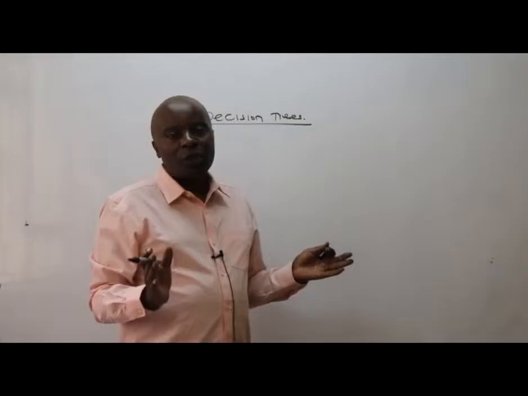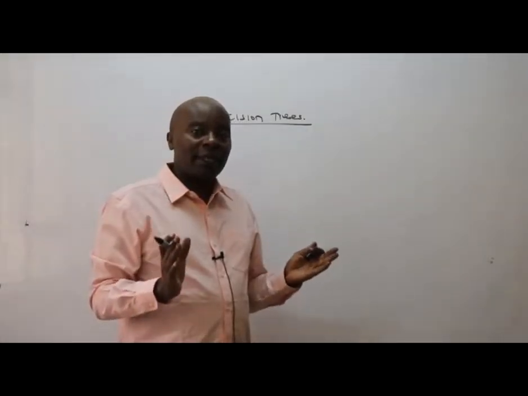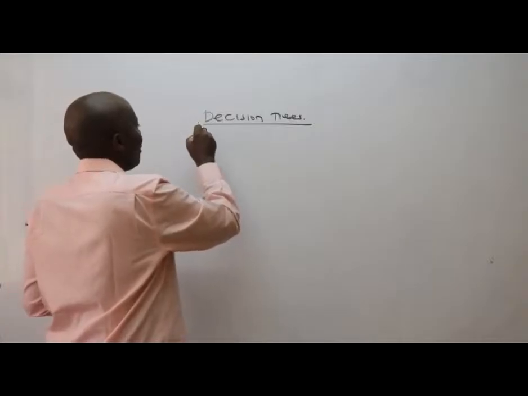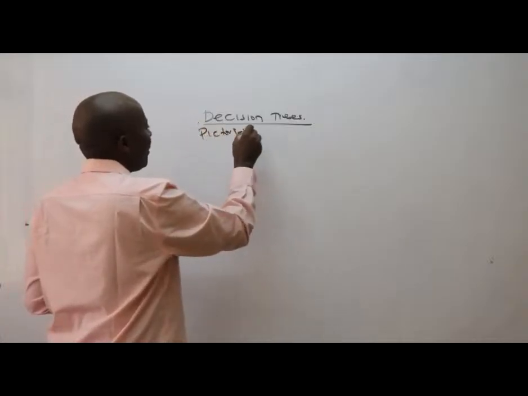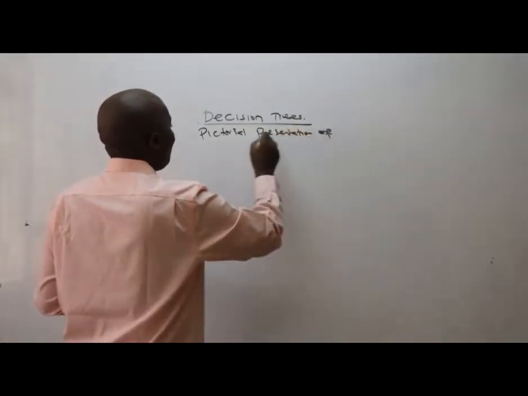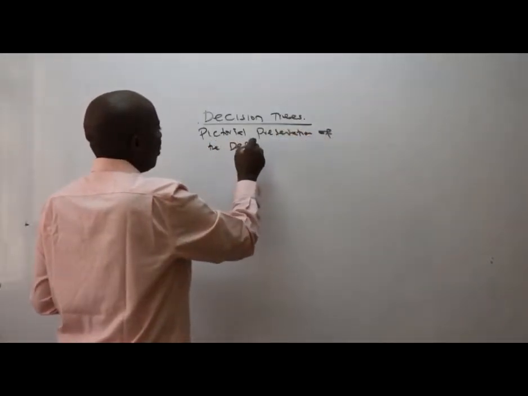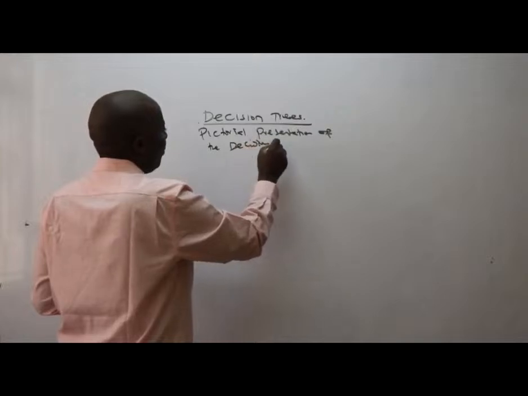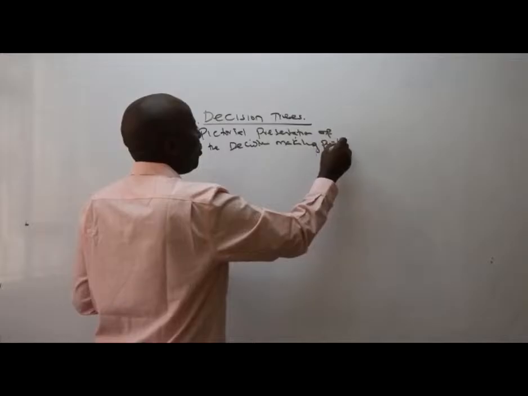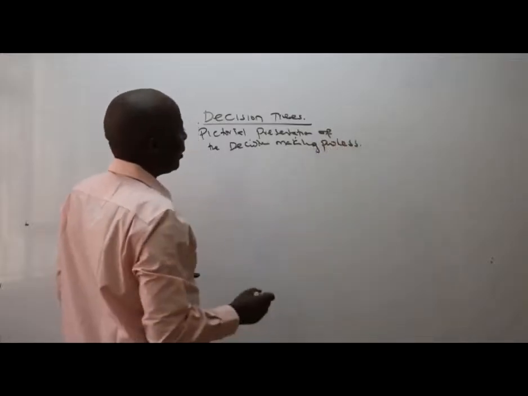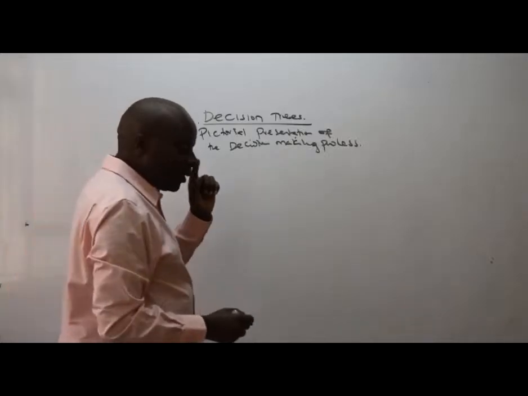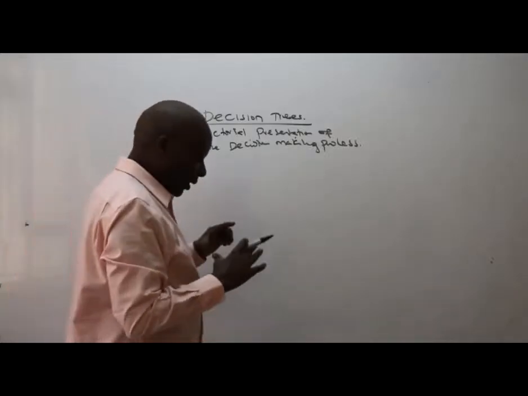So decision trees are a diagrammatical, or pictorial, which is a better term, presentation of the decision-making process, that picture.